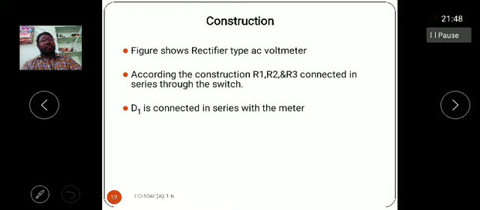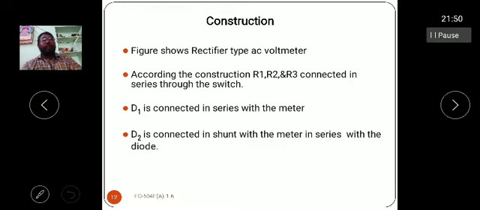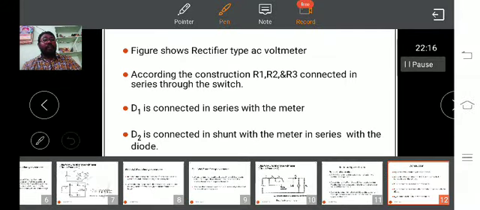The construction. The figure shows the rectifier type AC voltmeter. Resistors R1, R2, R3 of different ranges are connected in series through a switch.